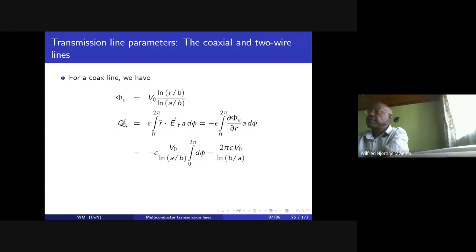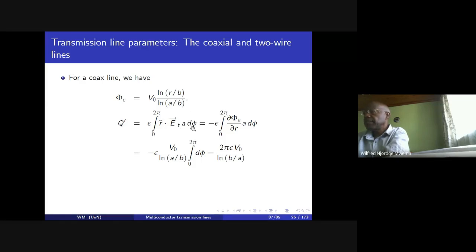And the charge is given by the integral from 0 to 2 pi of the electric field, which in this case is purely radial between the two conductors, multiplied by the arc.